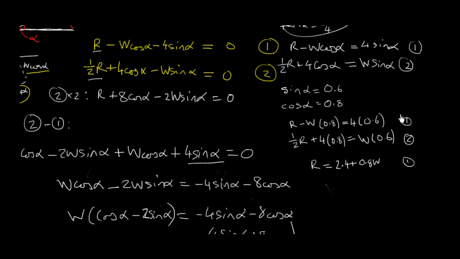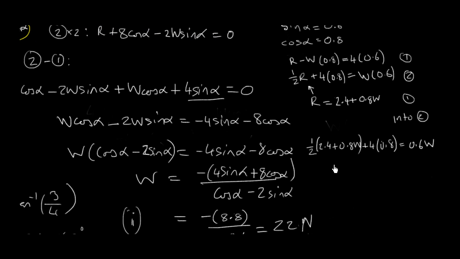I pass this to the other side, and if that is r, then I put it into equation number 2, and it becomes 1/2 of r, and r is 2.4 plus 0.8 w, then plus 4 times 0.8 equals 0.6 w.